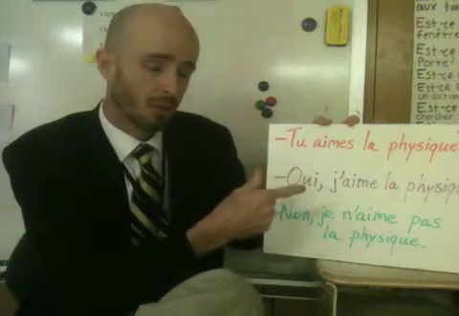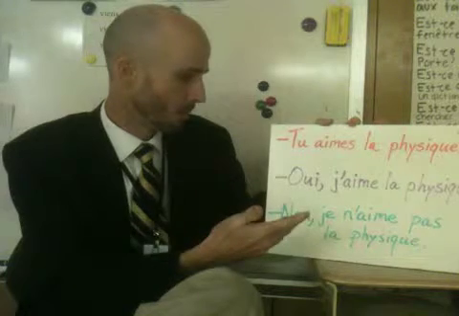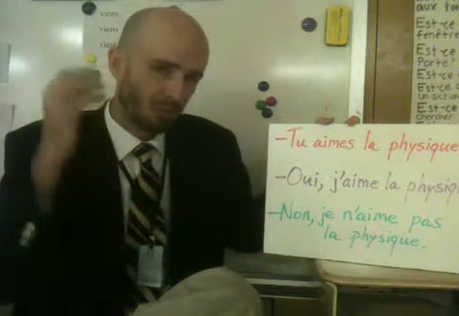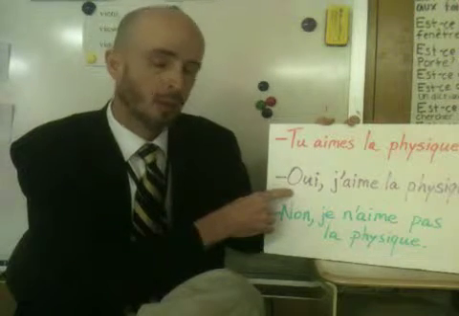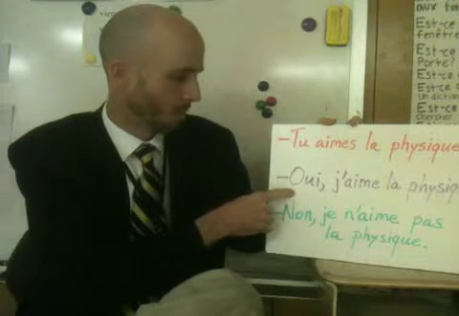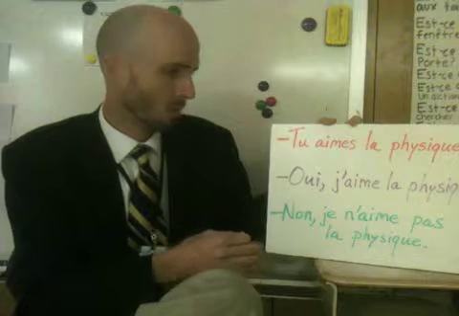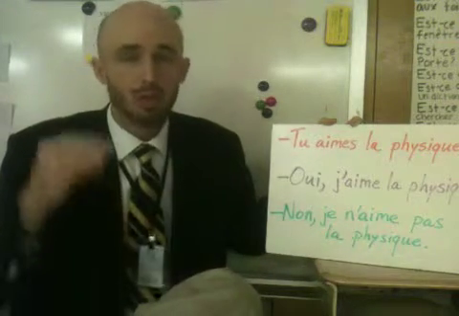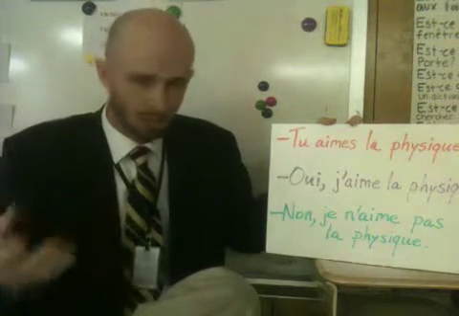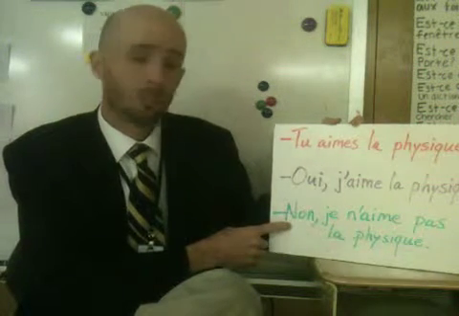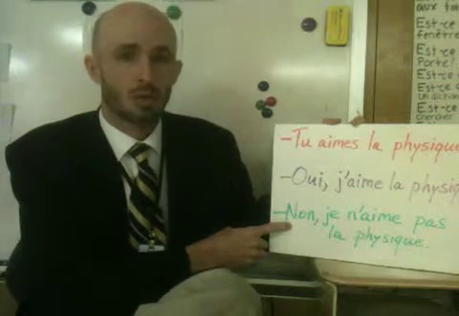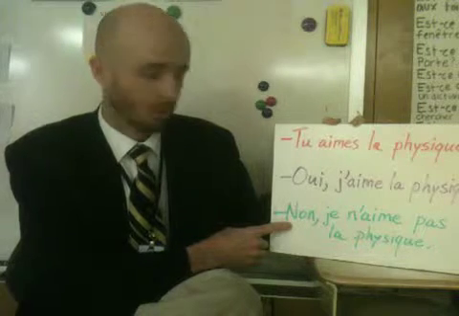Tu aimes la physique? The way you answer yes to that kind of question is oui. J'aime la physique. Or to say no, simply non. Je n'aime pas la physique.